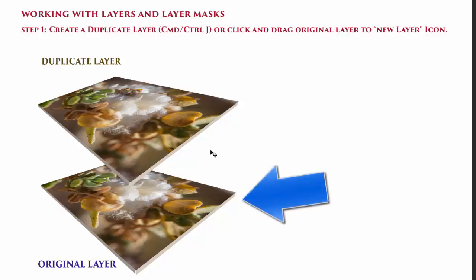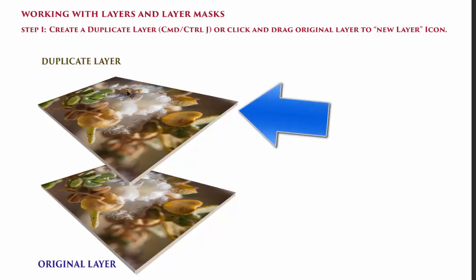Here was our original layer on the bottom. When we made the duplicate by clicking and dragging the original layer to the new layer icon, or by the way, we could have done it with a keyboard shortcut, which is just Command or Control J, we created this new layer on top. And basically what we have now is a stack of layers.